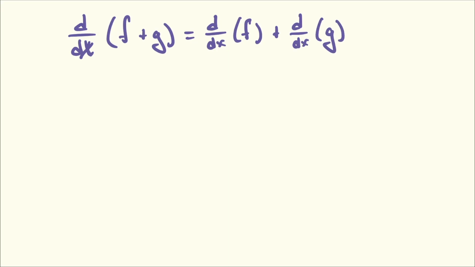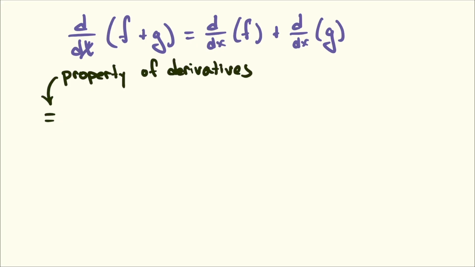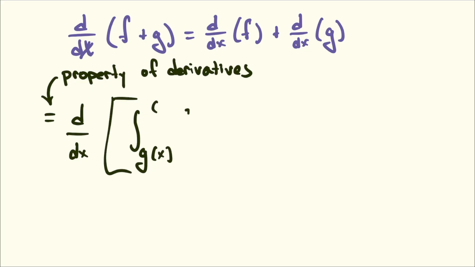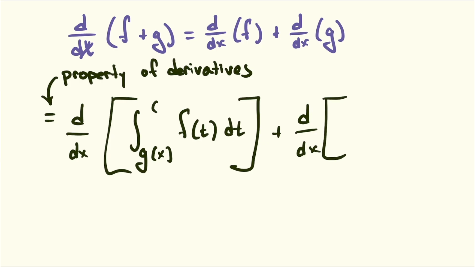So this is a property of derivatives. And this is going to allow us to write d dx of the integral of g of x to c, f of t dt, plus d dx from c to h of x, f of t dt.